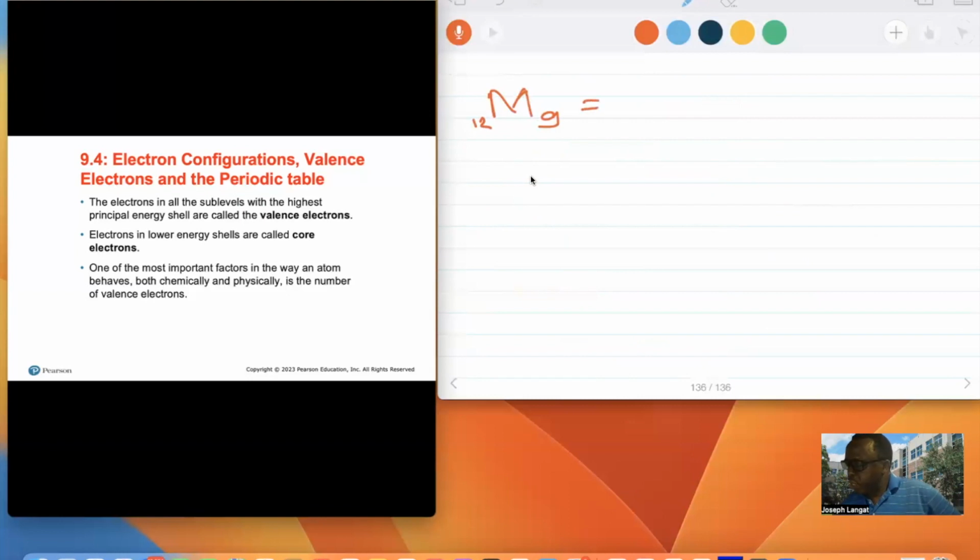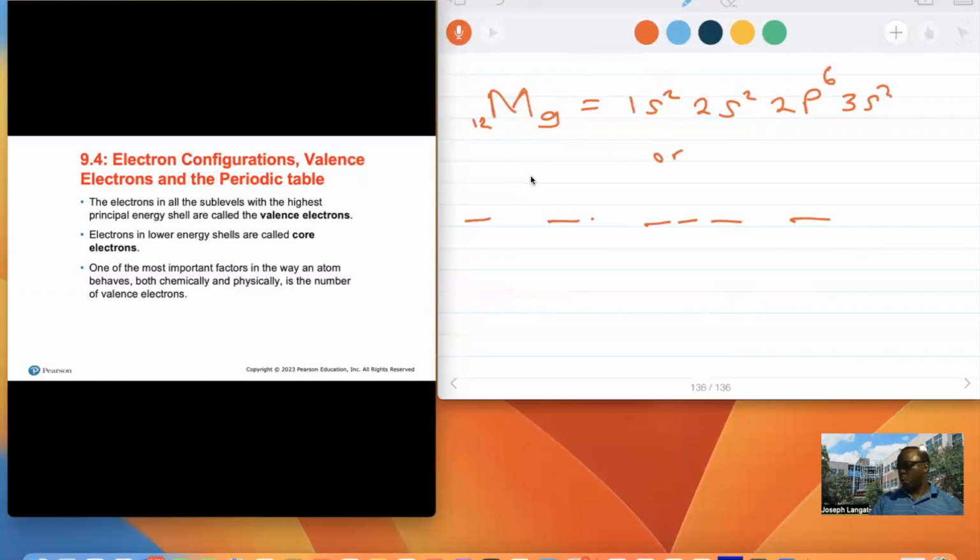If you are asked to write the electron configuration for, let's say, magnesium, number 12, you will write 1s2, 2s2, 2p6, which is 10, and then 3s2, which is 12. Or with orbital boxes: this is 1s, and then this is 3s.